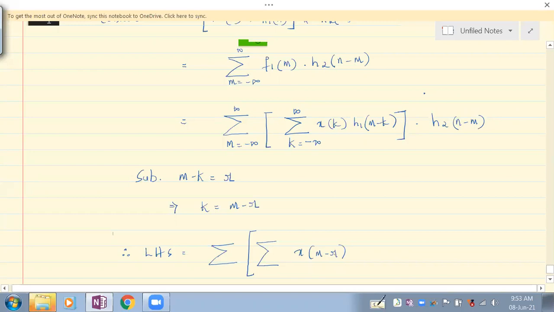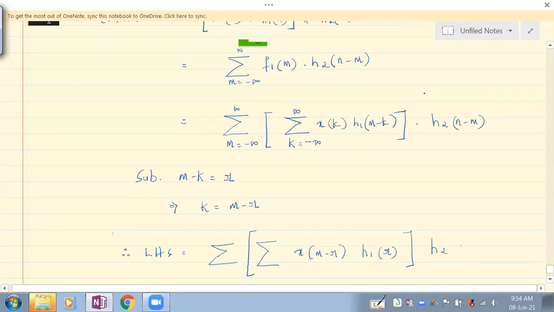Then h1 of r. Then this would become h2 of m minus k is r, right?